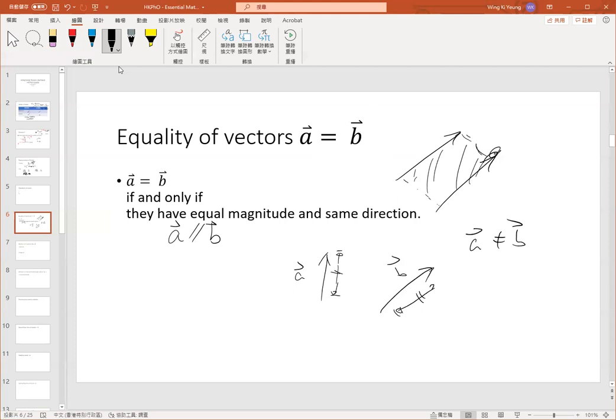Just for example, if an object is moving at constant speed in a circle, the direction of the motion changes with time, and then we will say that the velocity is not a constant, because the velocity here is not equal to the velocity here. So the velocity in this case changes. Velocity is a vector, it also contains the direction. Because the direction of the velocity changes, the velocity in the circular motion changes.